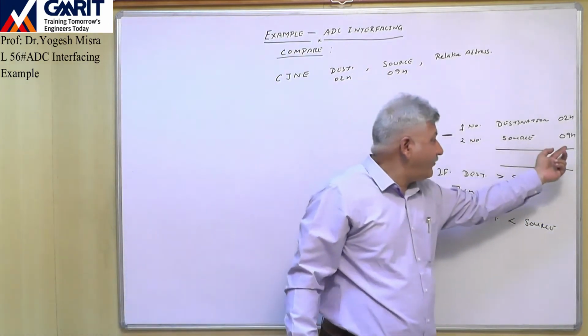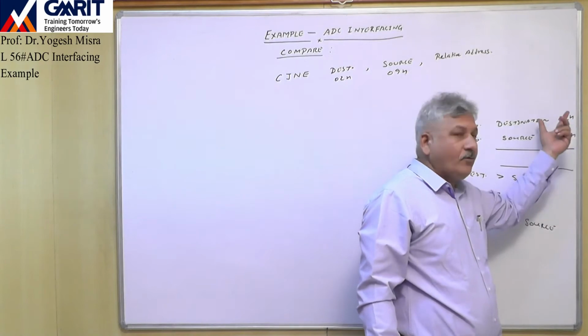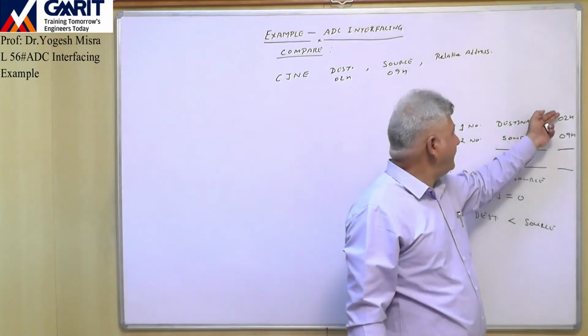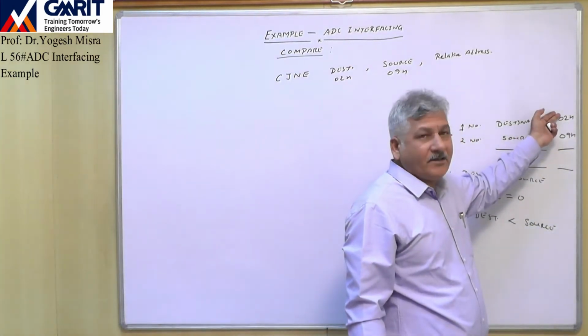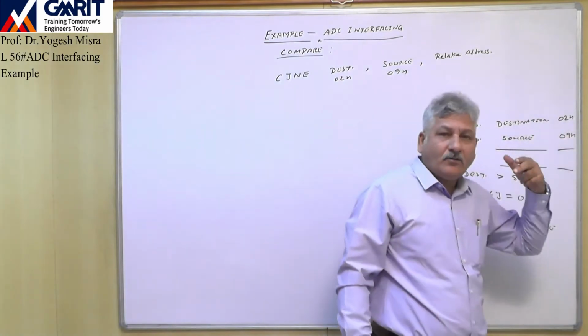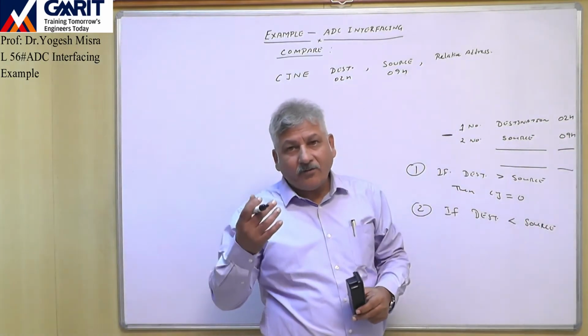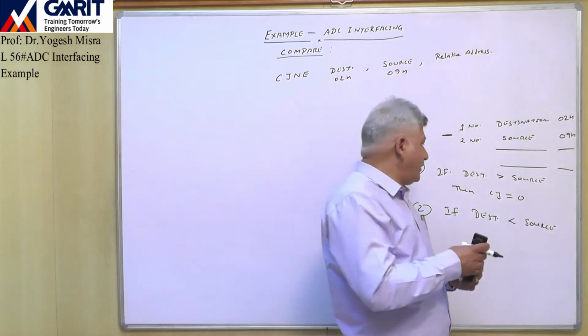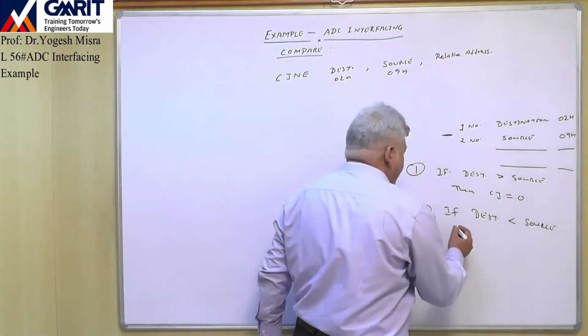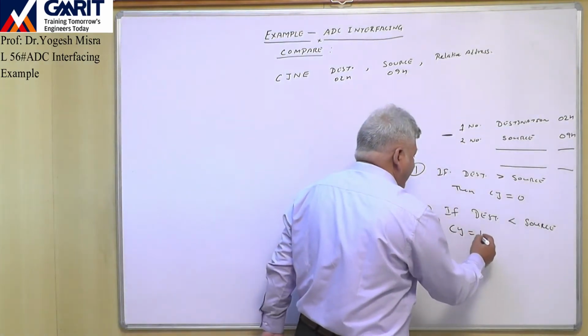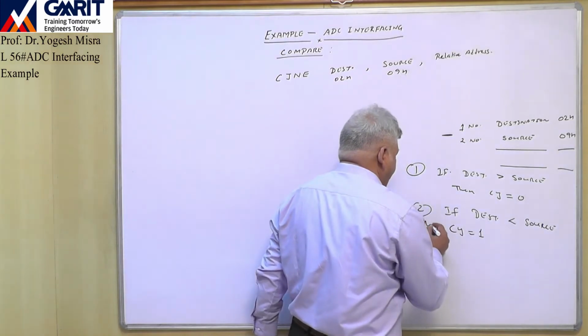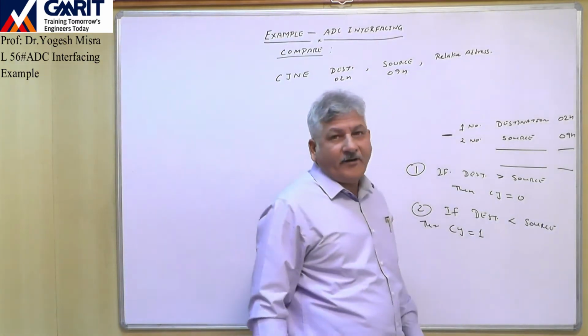Obviously, since the destination is smaller than the source, one borrow is required during the subtraction. And if a borrow is required, then the carry flag will be set.